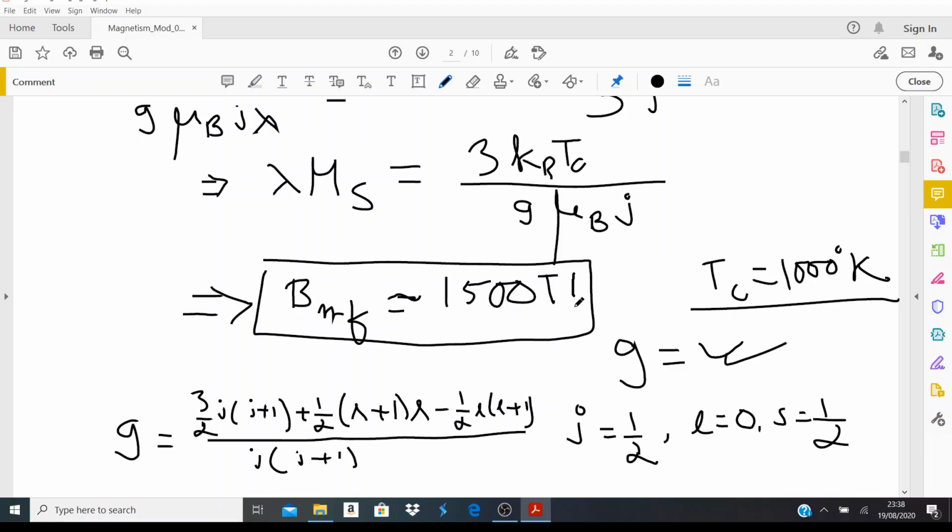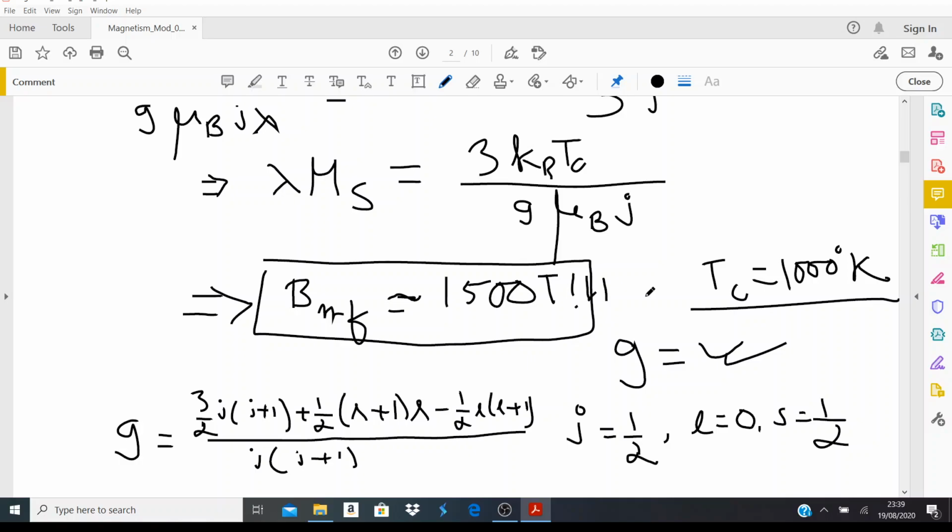That's really surprising, because what this problem is telling you is that to align the moments inside the ferromagnetic material, the internal strength of the magnetic field is of the order of 1500 Tesla. That's like no experimental lab in this world can produce that high magnetic field.